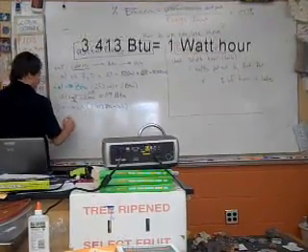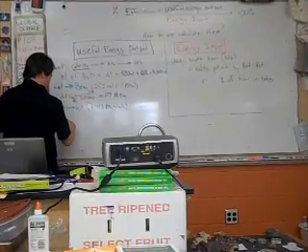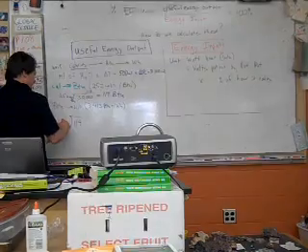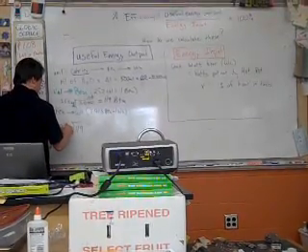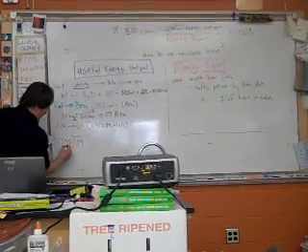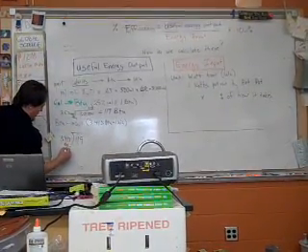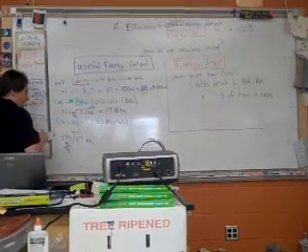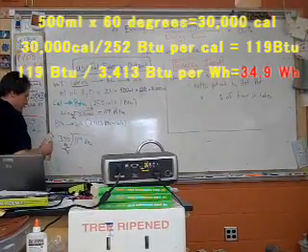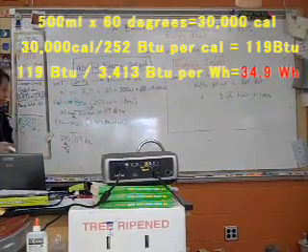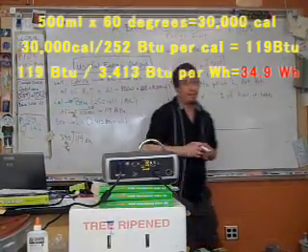You're just going to take your 119 BTUs and divide by 3.413 BTUs per watt hour. And what do we get when we do that?